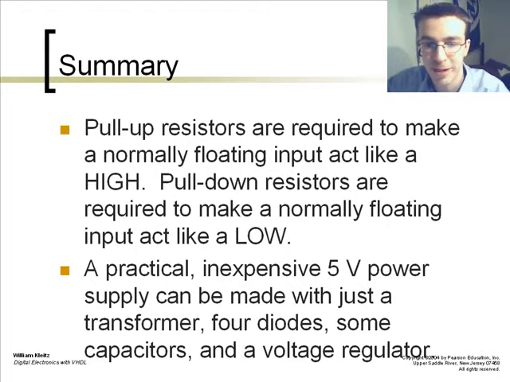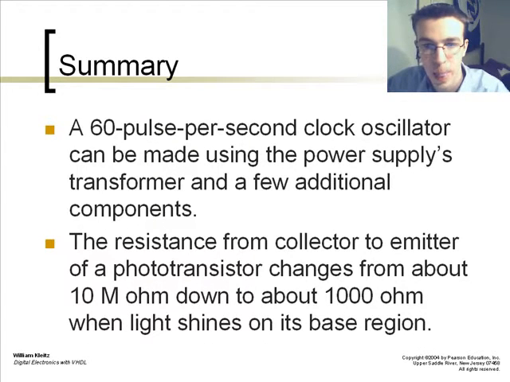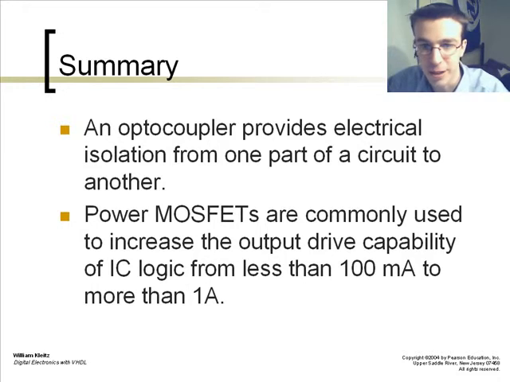And a practical, inexpensive 5 volt power supply can be made with just a simple transformer, 4 diodes, some capacitors, and a voltage regulator. And a 60 pulse per second clock, 60 hertz clock oscillator can be made using the power supply's transformer and a few additional components. An optocoupler provides electrical isolation from one part of a circuit to another.